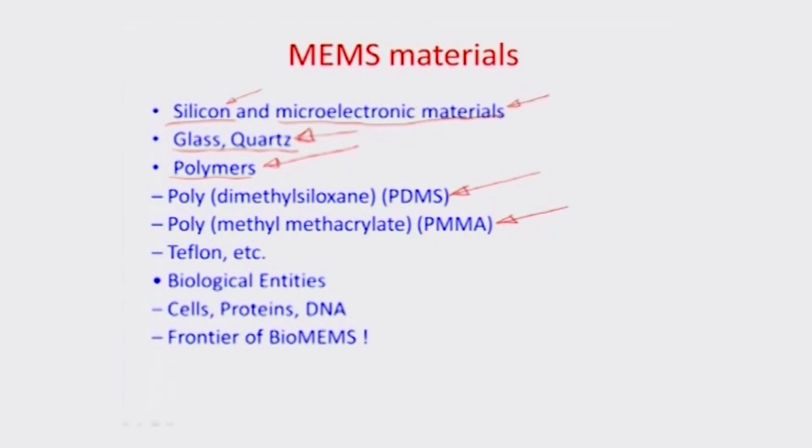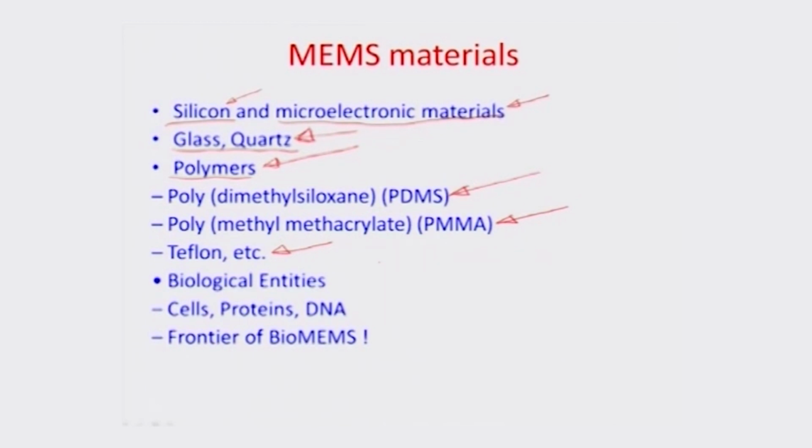Then there is Teflon, which is actually a commercial name of a material available from DuPont. Teflon is very hydrophobic, and it has excellent applications again in the biological world, so it is another very amenable MEMS material used mostly for fabrication of microsystems.